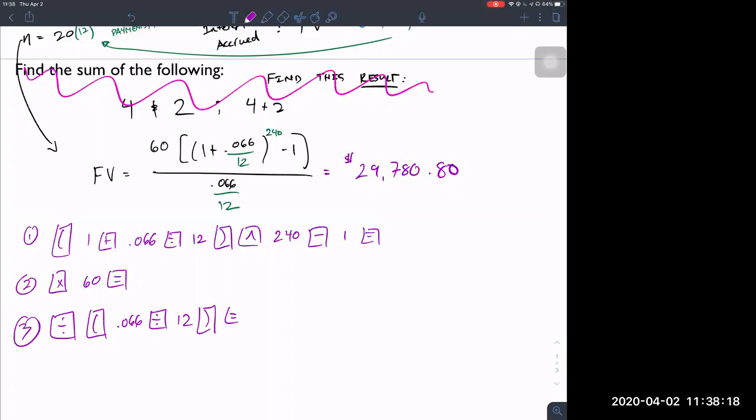Oh, equal sign, oops. Nope, that's the wrong one.